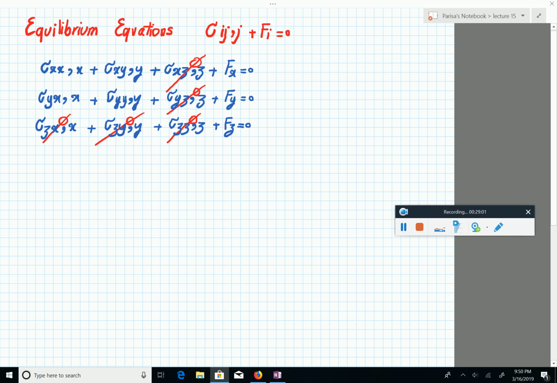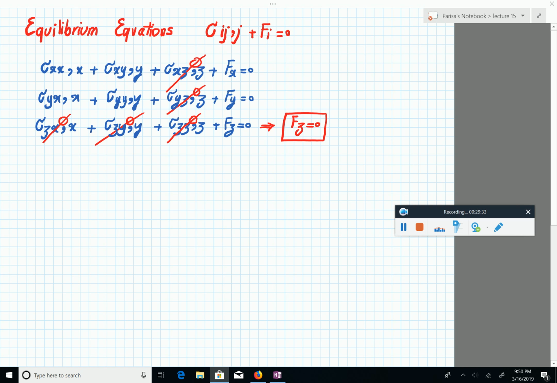So here, similar to the planar strain case, Fz has to be 0. So the out of plane component of the external body force has to be also 0 in the plane stress case. So this would be similar to planar strain.